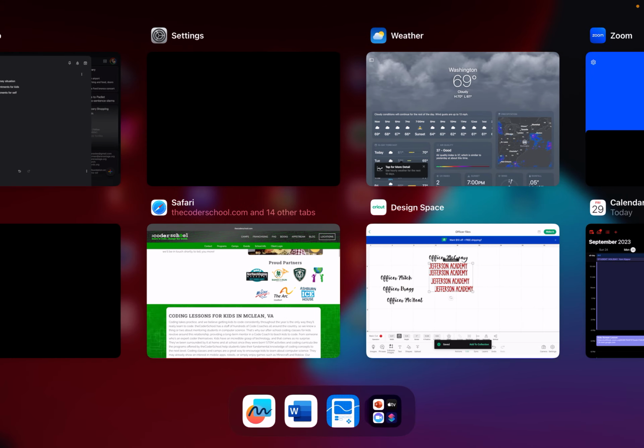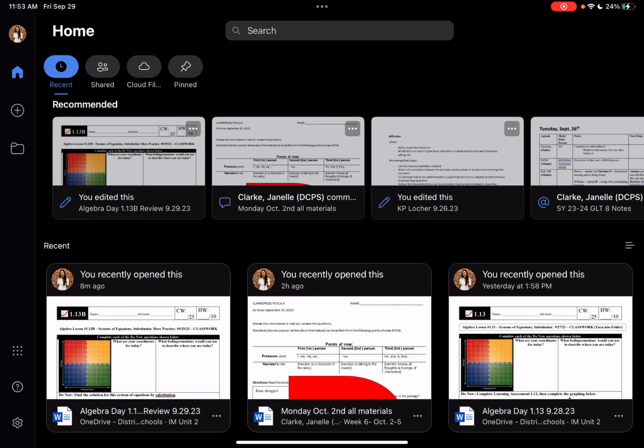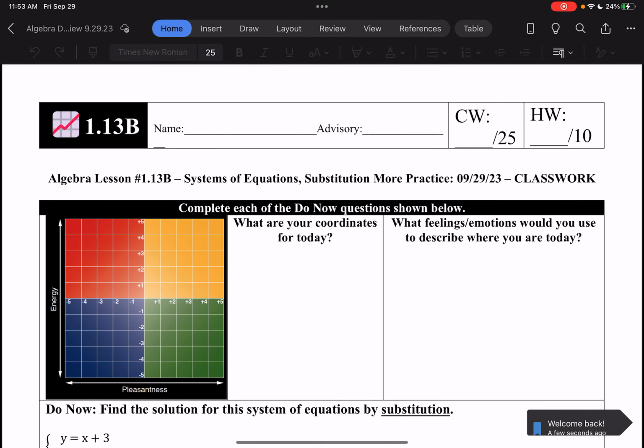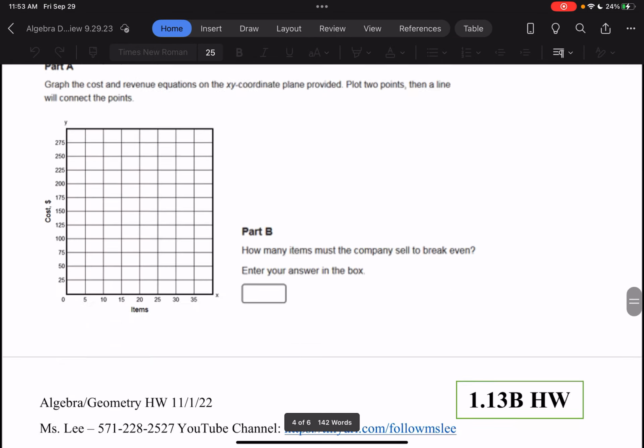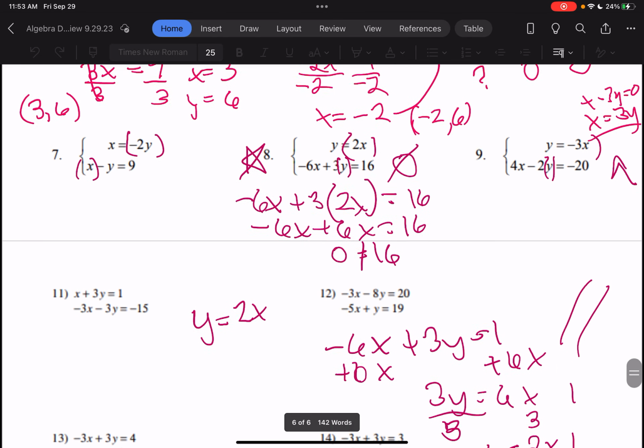That means they're running next to each other. They're parallel lines. They will never cross, and so there's no solution.